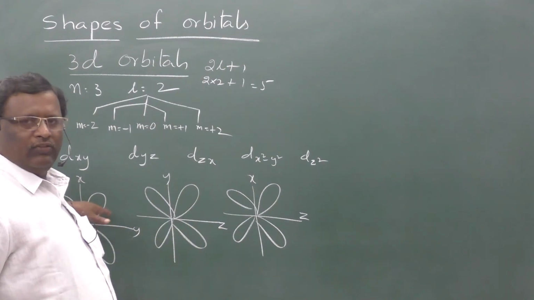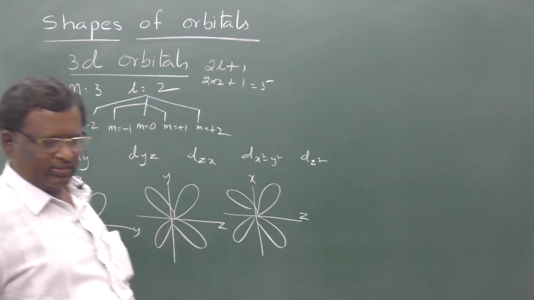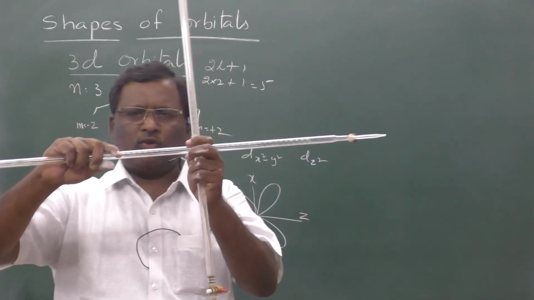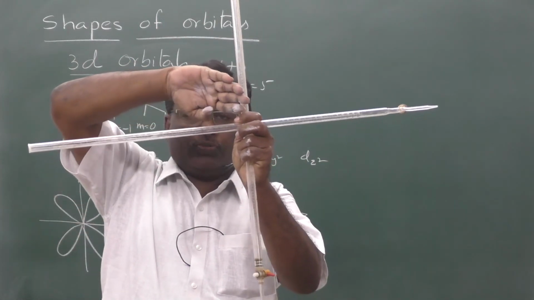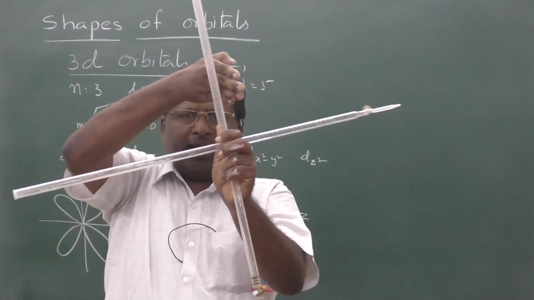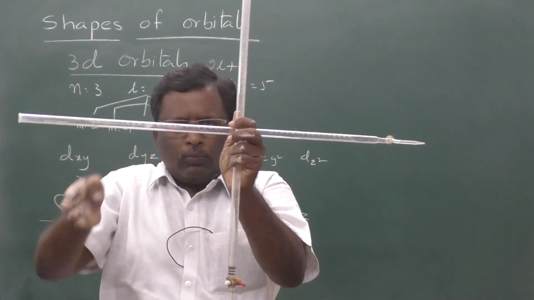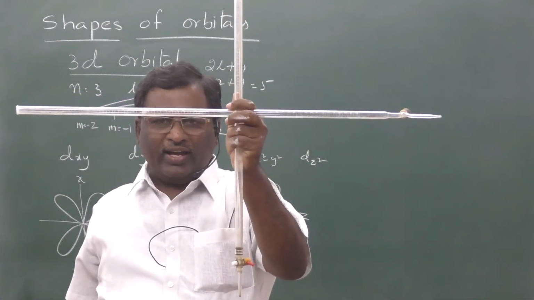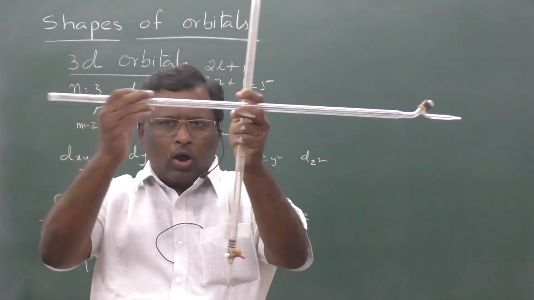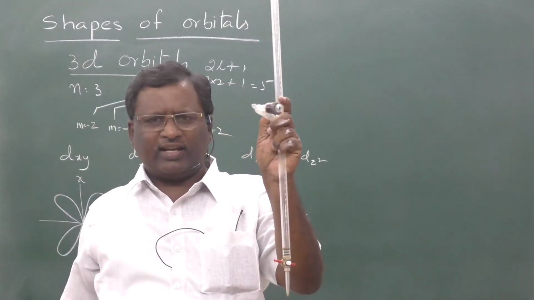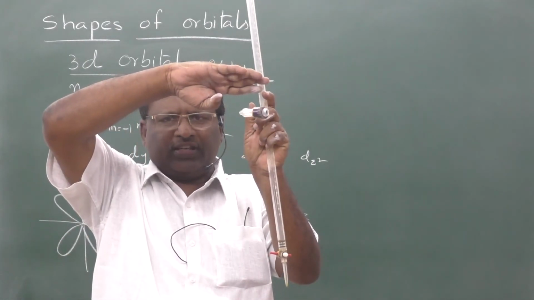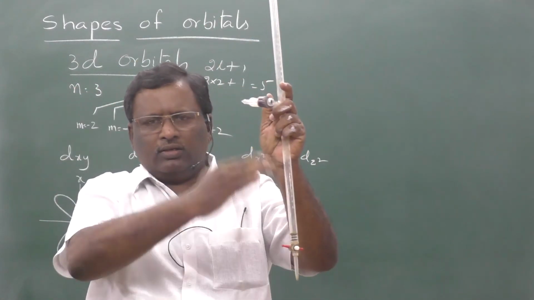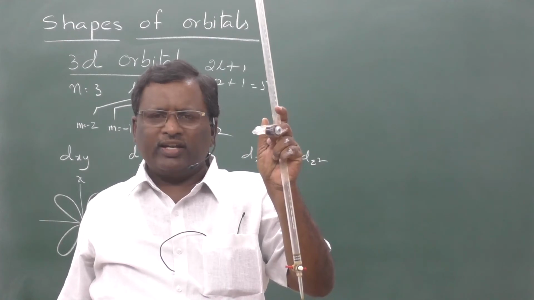Like this, if the orientations are in between axes, for example, this is x axis and this is y axis, and 4 lobes, this is one lobe like this, another lobe like this, a third lobe like this, and a fourth lobe like this, this is said to be dxy orbital. Now, this is y axis and this is z axis. If lobes are present here, like this, they are said to be dyz.